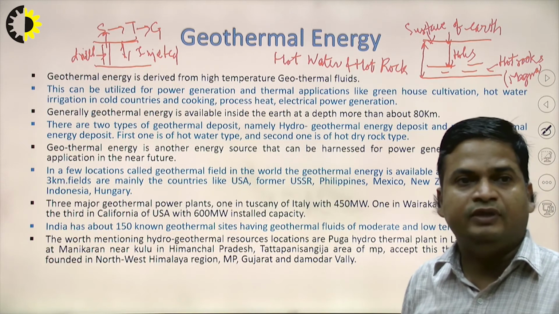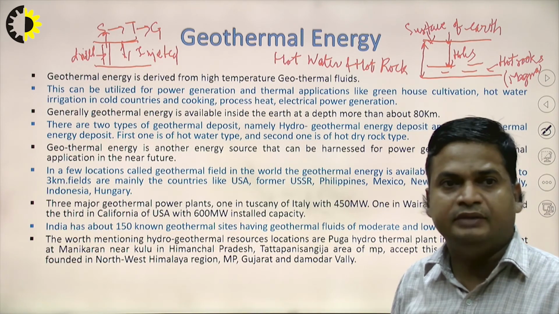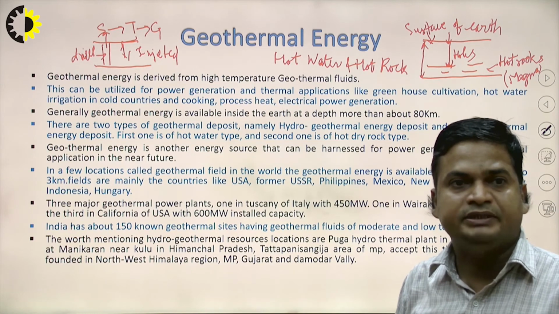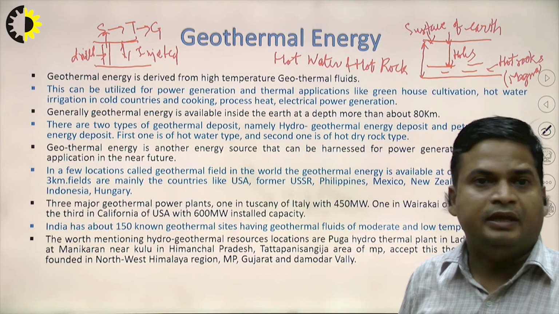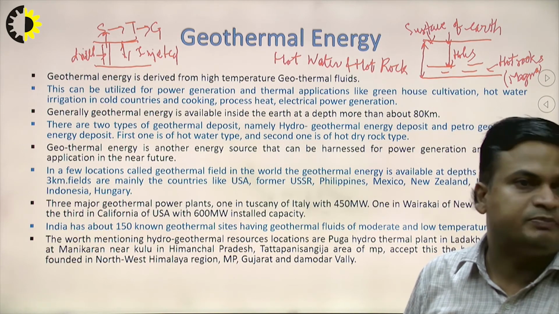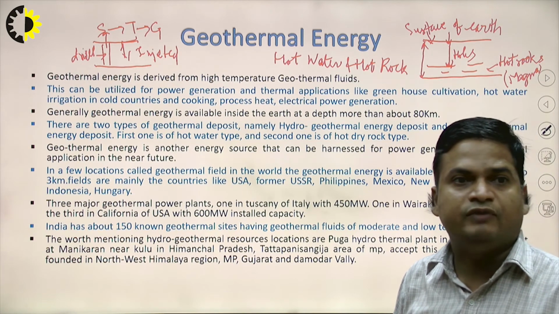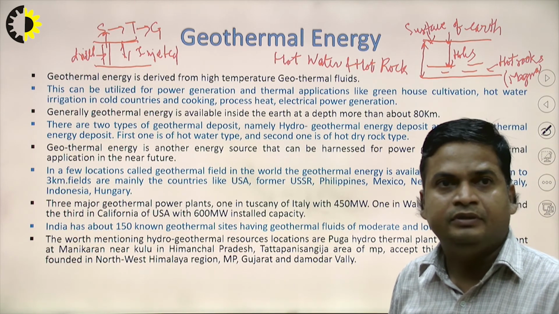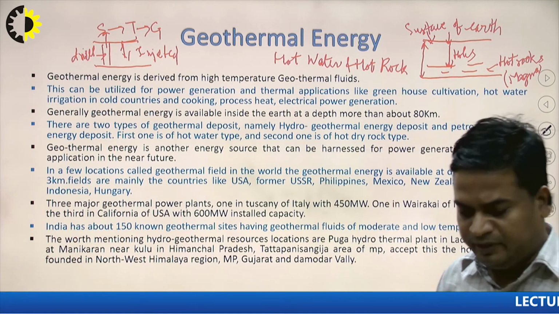That heated water we can use for bathing or for some other purposes. This hot water is also called springs. Hot springs are found in the northwest Himalayan region, Madhya Pradesh, Gujarat, and Damodar Valley. So this is the brief about geothermal energy.